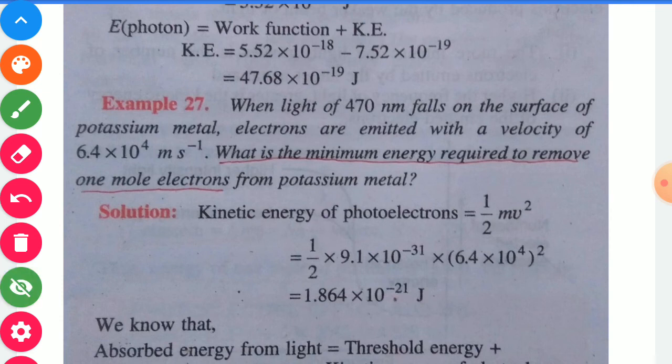In this question you have to find the minimum energy required. Minimum energy required means you have to find the value of the work function, not for 1 electron, but for 1 mole of electrons, that is for 6.023 × 10^23 electrons.